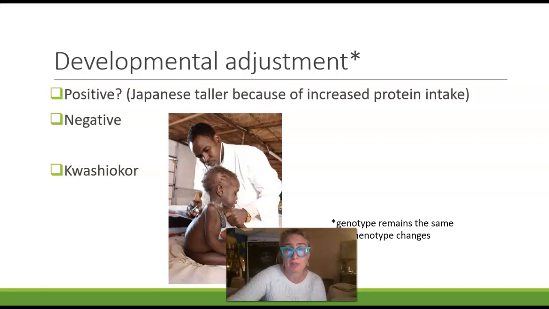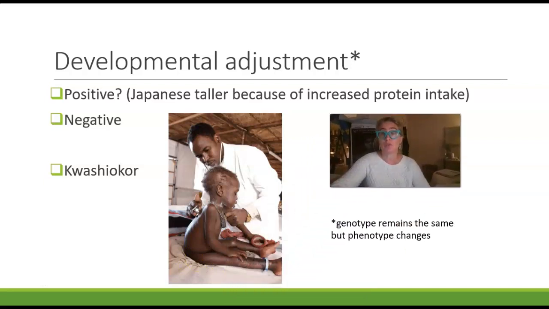Developmental adjustment refers to changes that occur as a human is developing in their lifetime. So during your lifetime, you're going to have adjustments to the environment. So for example, during World War II, in Europe, there was a lack of good food and healthy food. It was an awful environment.